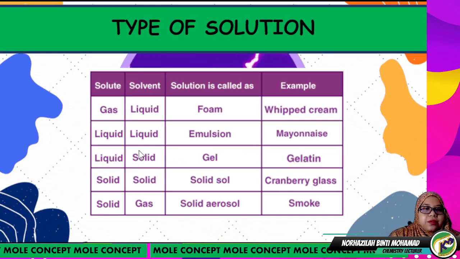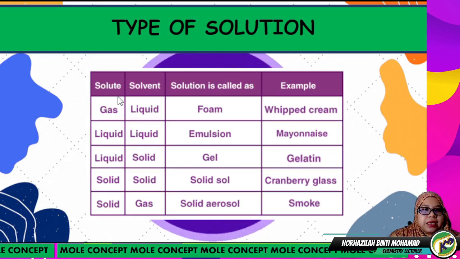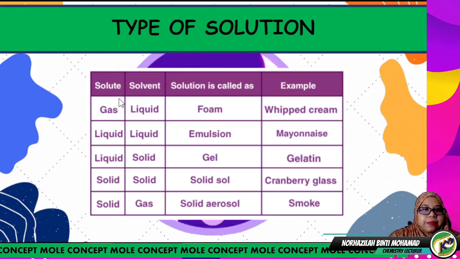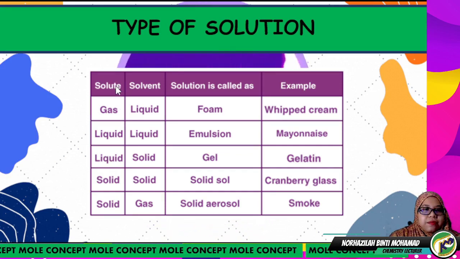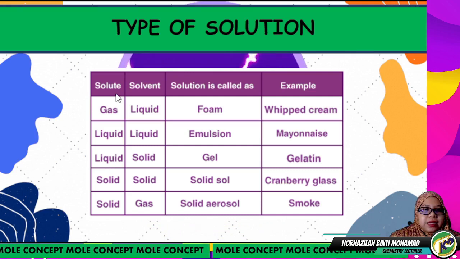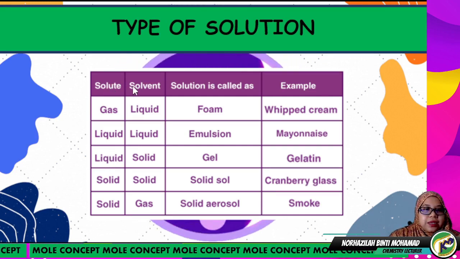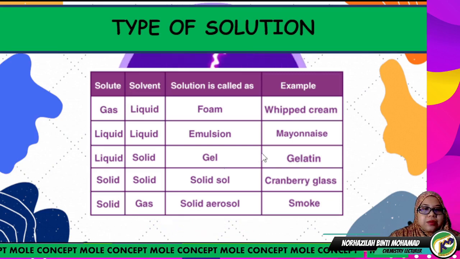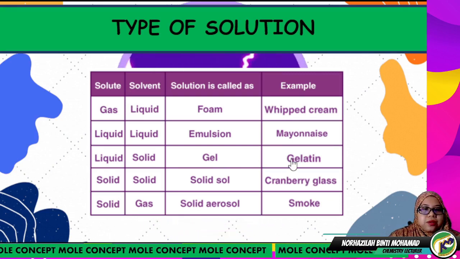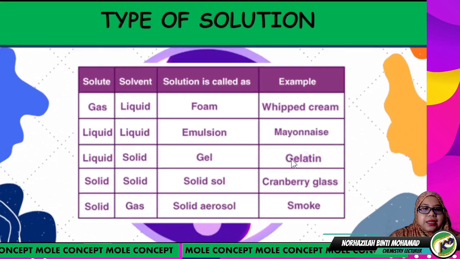Gel. So this one we dissolve solid in liquid. Actually the solute is solid and the solvent is liquid to make gel. So for example here we have gelatin.